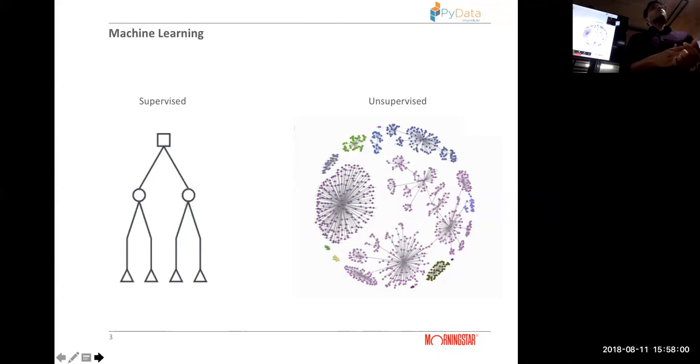So we use algorithms like PCA, ICA, and K-means, and we also have t-SNE for visualization. Those algorithms are used to represent the same thing in 2D or in fewer dimensions than there were earlier.